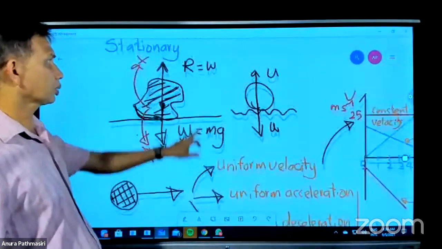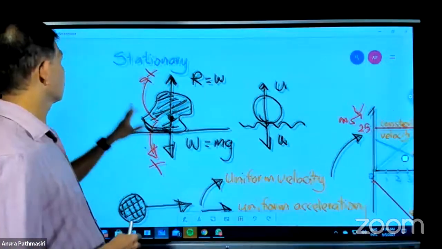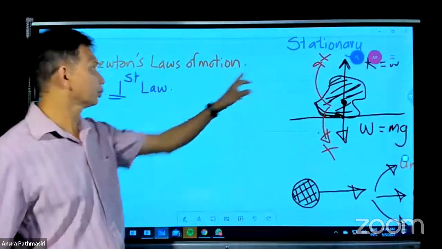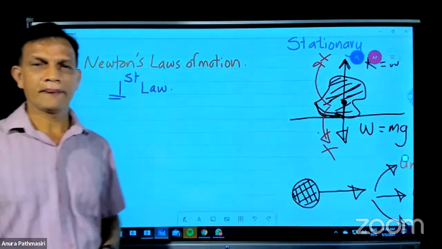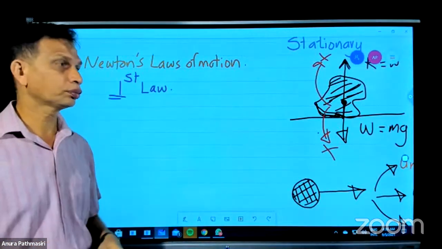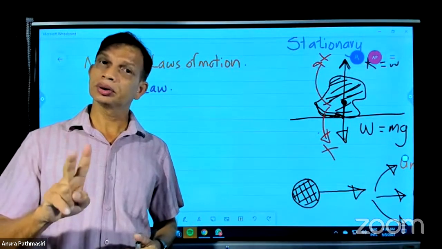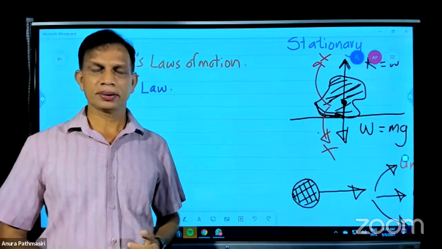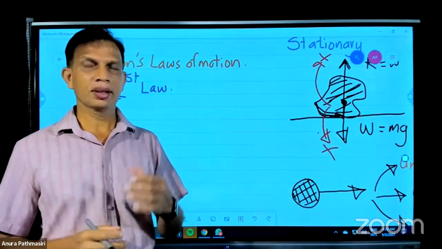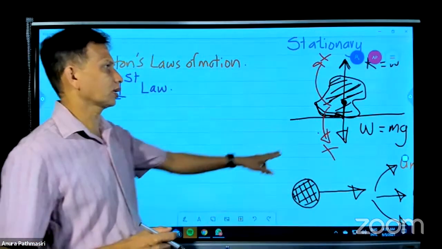The first law of motion we are going to study. For the first law of motion, Newton refers to two points. One, that an object remains at a stationary position. So it remains stationary.